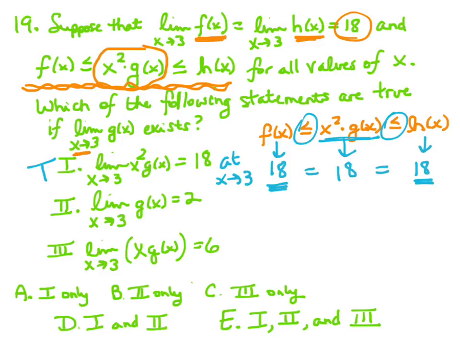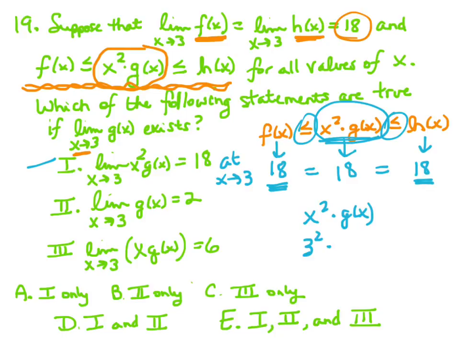All right, let's look at statement number 2. The limit of g of x would have to equal 2 as x approaches 3. Well, remember, if I want to find a limit as x approaches a value, I should substitute in that value. So I'm going to take this x squared times g of x, and I'm going to substitute in the 3 for x.